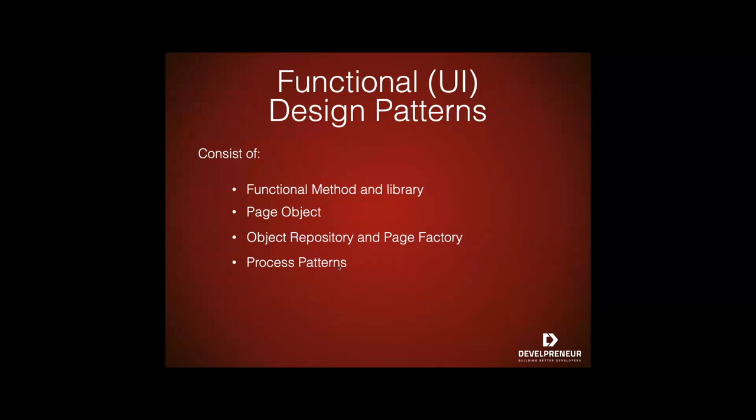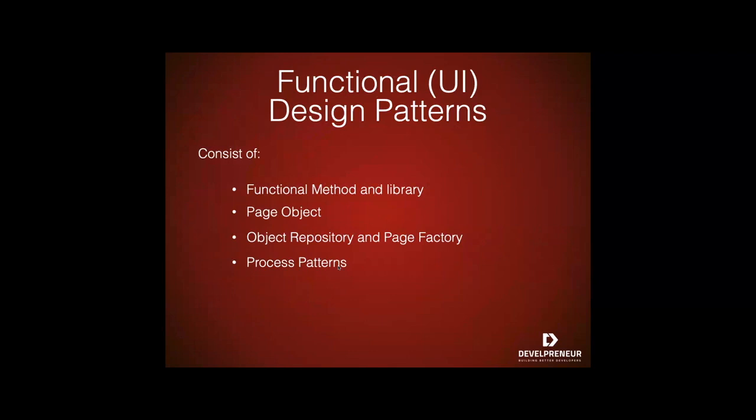As an example, consider logging into Gmail. After entering the user details, the user either passes and navigates to the inbox page, or fails and returns to the login page, possibly due to an invalid parameter. So you kind of have two paths there. A pass would return the inbox page object, whereas a fail would return the login page object. This design pattern ensures better test exception handling and reporting.